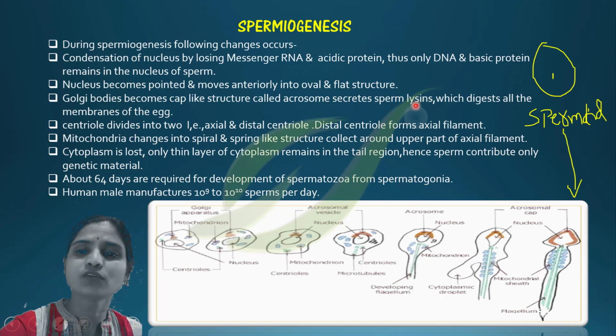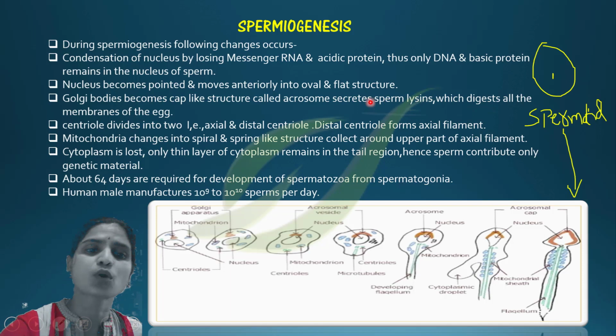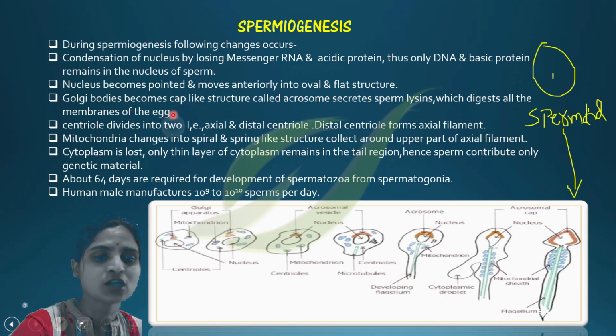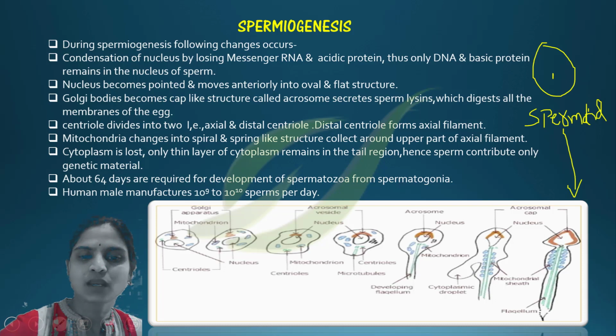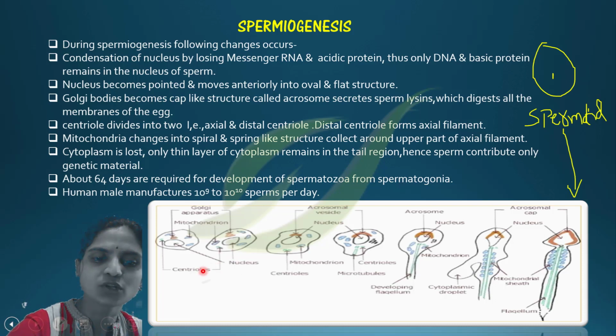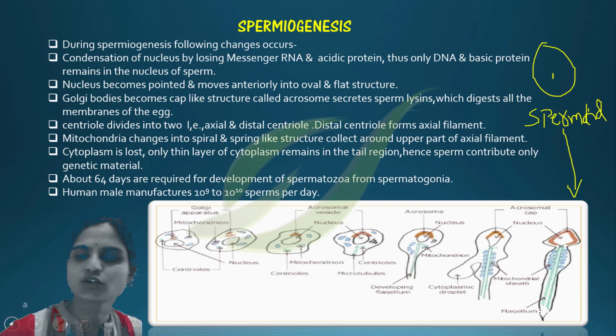The acrosome will have enzymes which have the capability to digest all the membranes of the egg. Once the sperm reaches the egg, which has many membranes, all those membranes will dissolve due to these enzymes. Next we are going to study centrioles. The centriole present here will divide and form two centrioles.